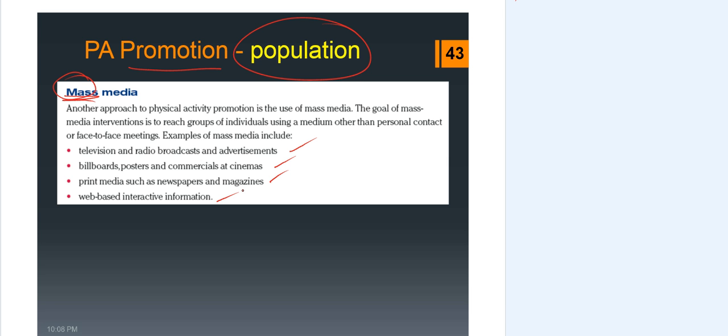Just looking at the last two in particular, print media such as newspapers and magazines, they are aimed to be read by many people, as opposed to a brochure that you may pick up at the chemist or a physio clinic, that are not aimed necessarily to be read by an entire population.